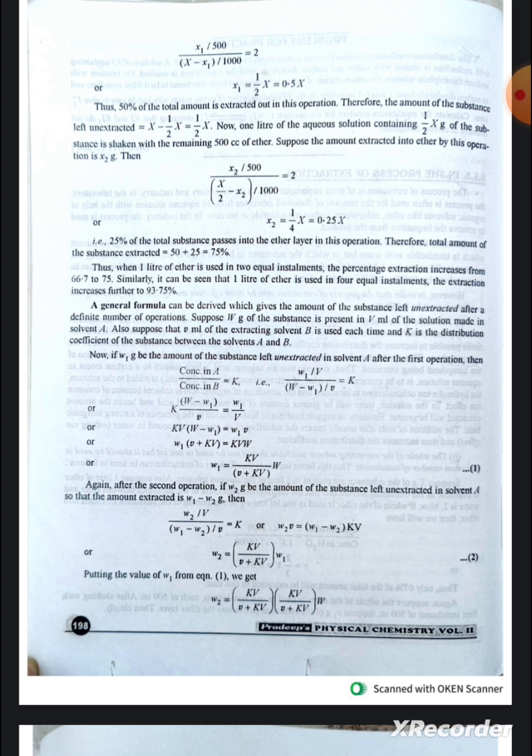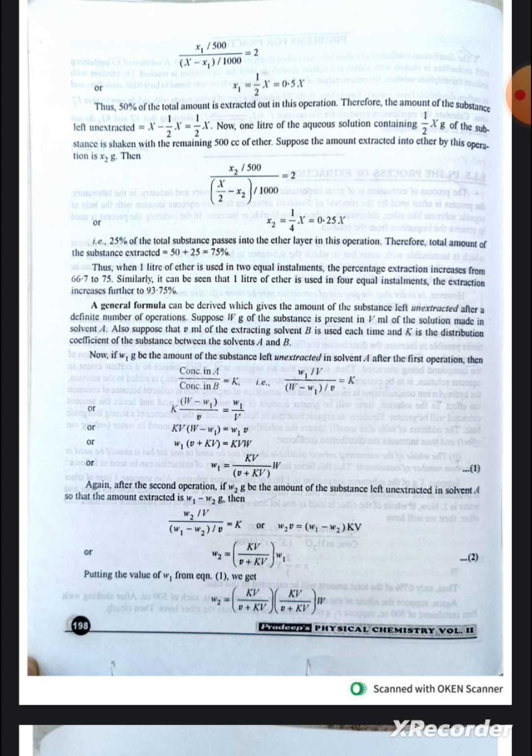Then (x2/500) by ((X/2 minus x2)/1000) is equal to 2, or x2 is equal to 0.25X. That is, 25% of the total substance passes into the ether layer in this operation. Therefore, the total amount of the substance extracted is 50 plus 25, which is 75%. Thus, when 1 liter of ether is used in two equal installments, the percentage extraction increases from 66.7 to 75.